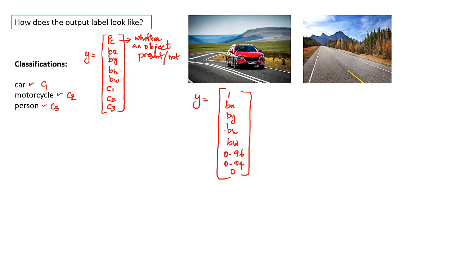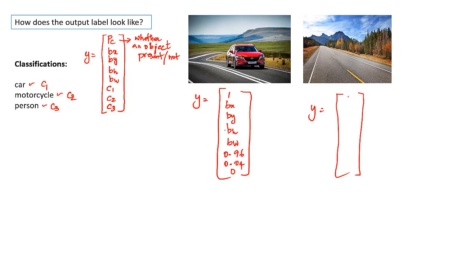Taking another example where we just have an empty road, there are no objects of our interest here, which means we have neither a car, a motorcycle nor a person. In this case, our y value will look like this, where the PC value shows whether the object of interest is present or not.